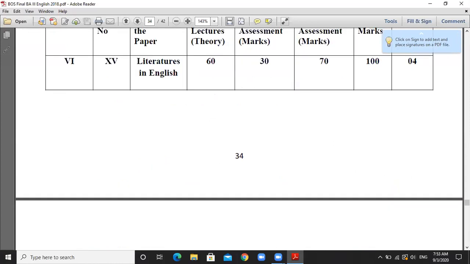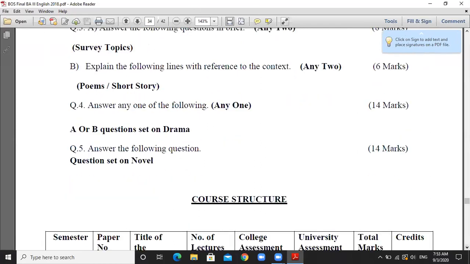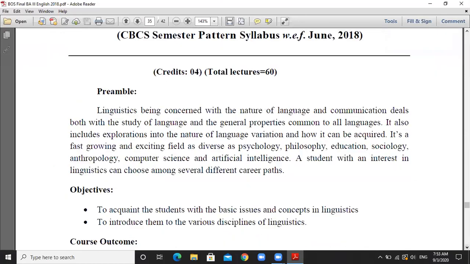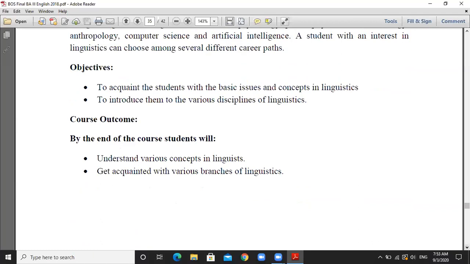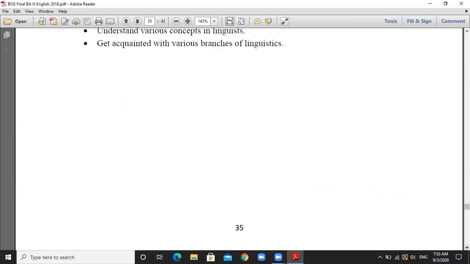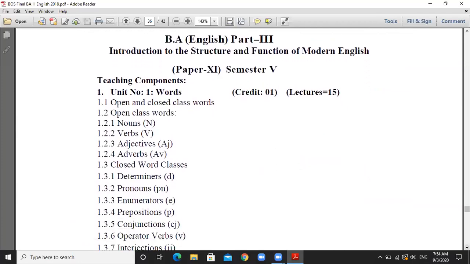Fine. So in this particular paper, objectives, outcomes and all those things, we will directly go to the syllabus. So this is the syllabus for paper number 11, semester 5. Can you see the syllabus on your screen? If yes, you can raise your hand. Okay.